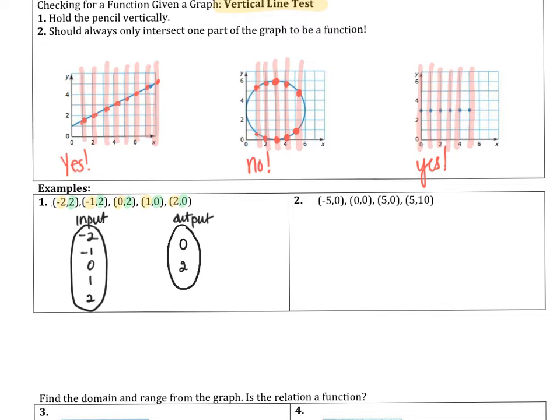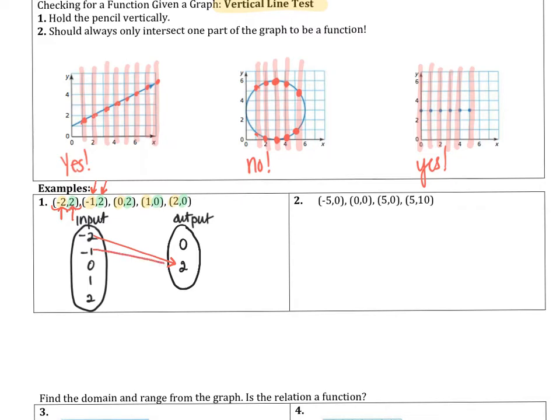For this first coordinate, I input a -2 and I output a 2. For my second coordinate, I input -1 and I output 2.